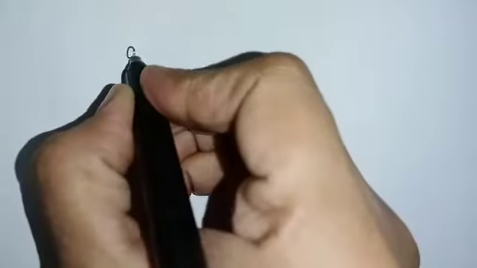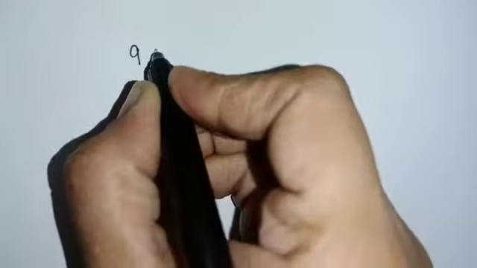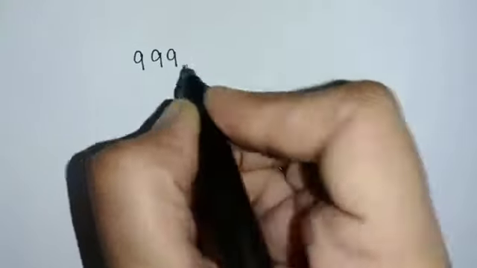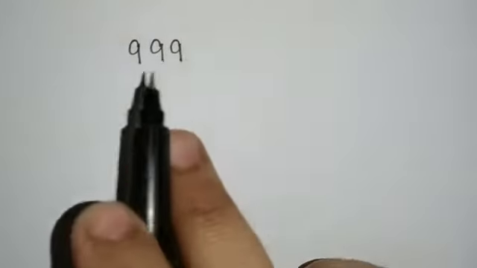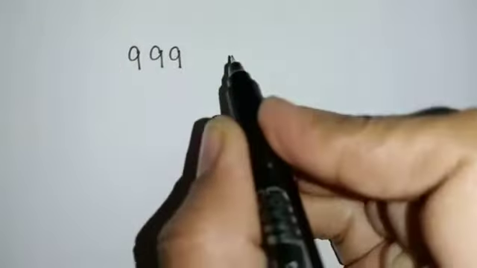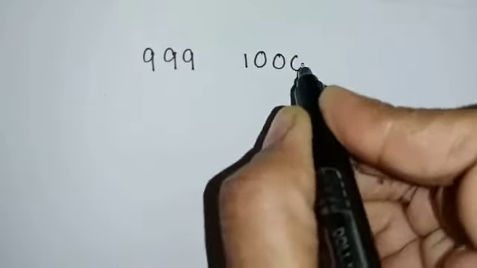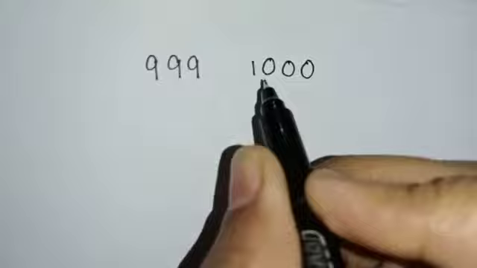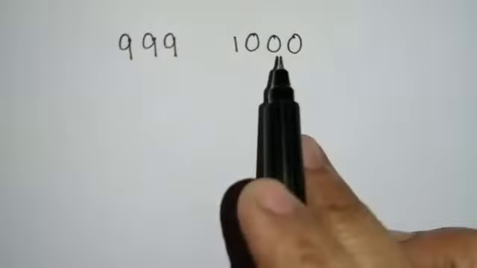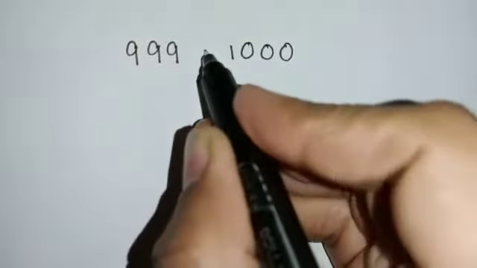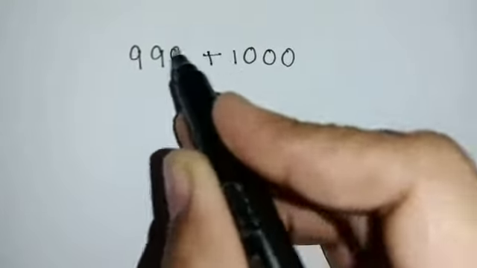Students, do you know what is the greatest 3-digit number? It's 999. After 999 comes 1000, which is the smallest 4-digit number. And the question says sum, so we add these numbers.